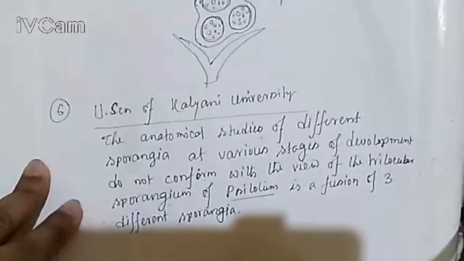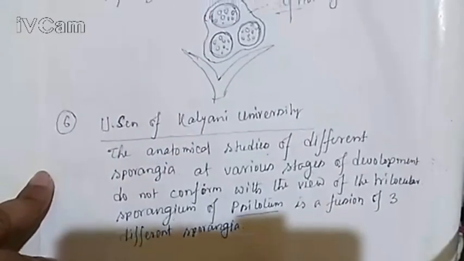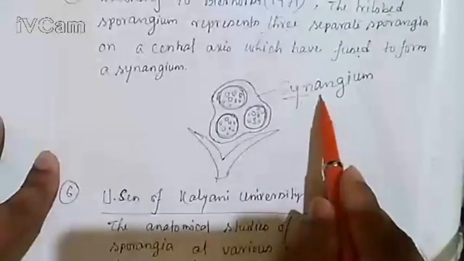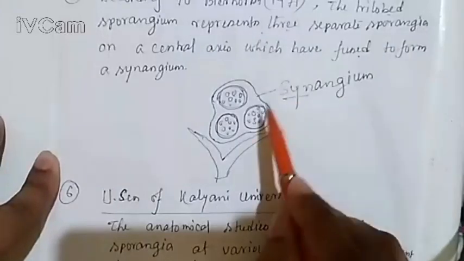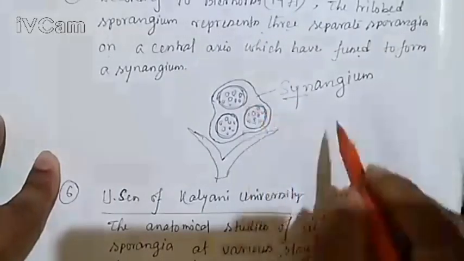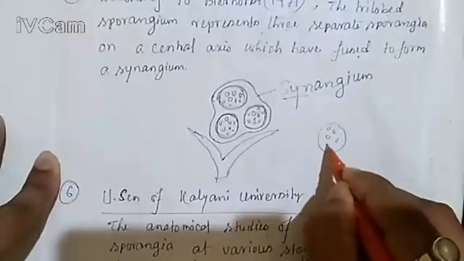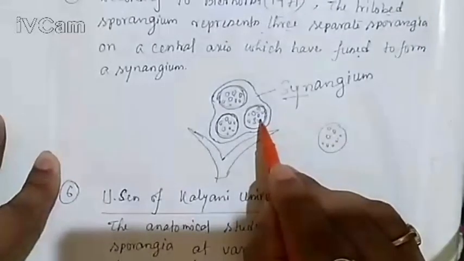Actually, sporangia means single, but here Bierhost told that generally three separate sporangia form a synangium. But you cannot say this because in a sporangium, spores are always present in a single sporangium. This is the general case, but this is an abnormal or controversial case.